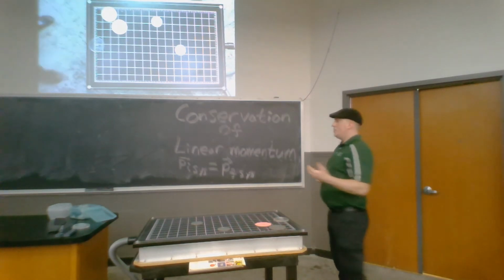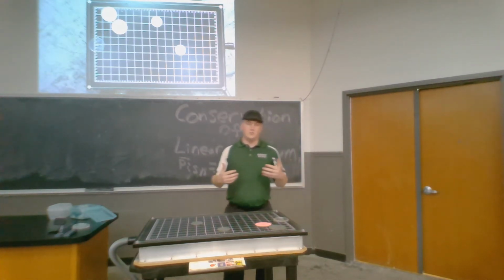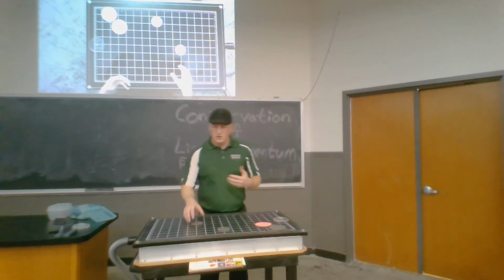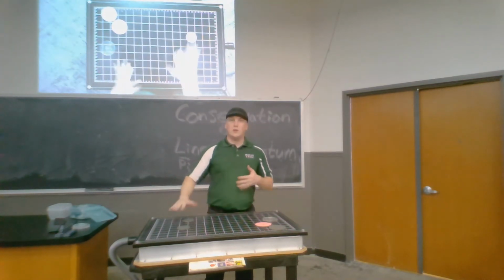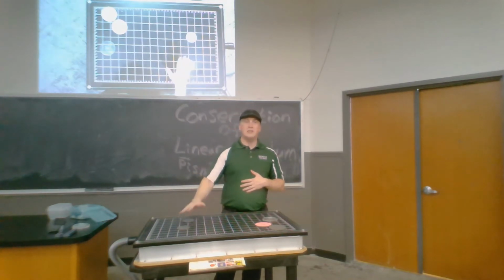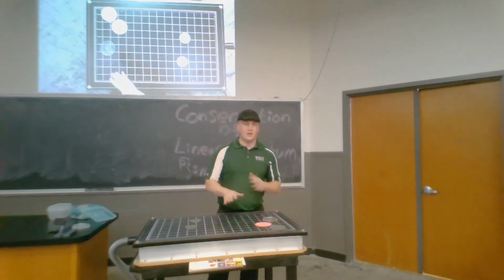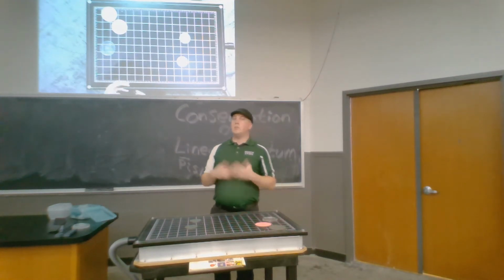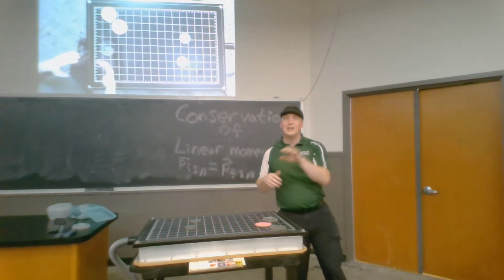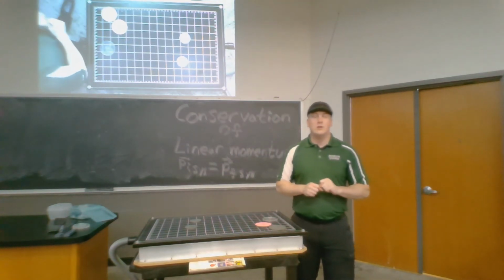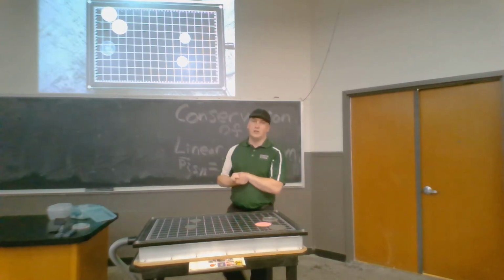So some of the things we need to talk about is the conservation of linear momentum. It states that if I have a bunch of objects moving with some velocity, the momentum of the collection of objects before any collision is going to be the same after any collision. Remember that momentum is defined as the mass of an object times its velocity, not its speed, but its velocity, which means we always have to consider the components of that velocity.